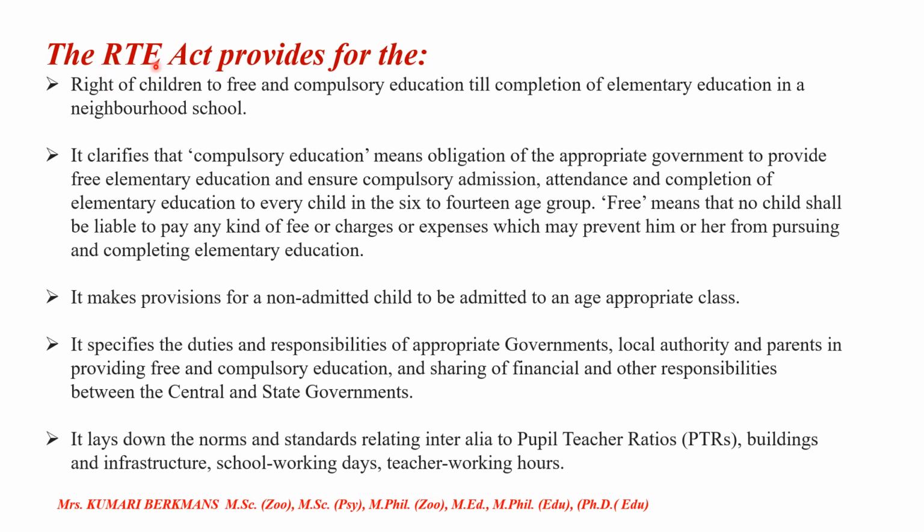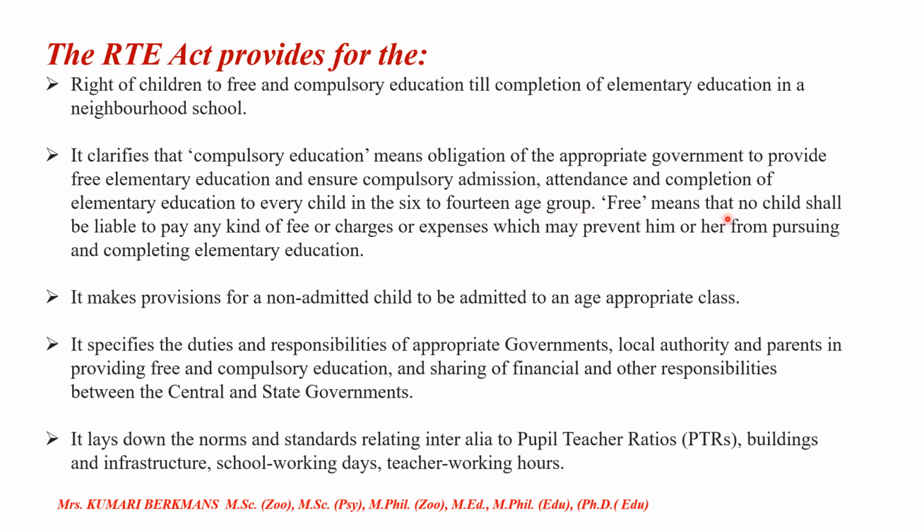The Right to Education Act clarifies that compulsory education means the obligation of the appropriate government to provide free elementary education and ensure compulsory admission, attendance and completion of elementary education by every child in the 6 to 14 year age group.